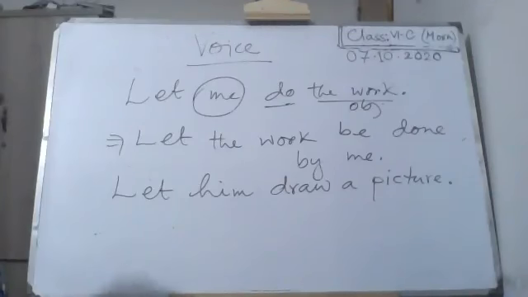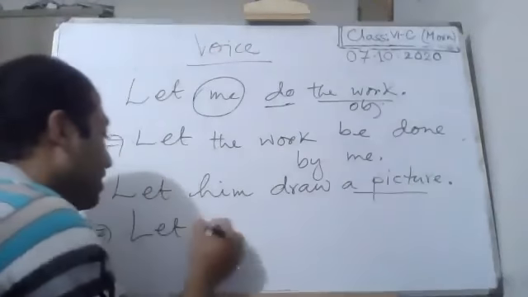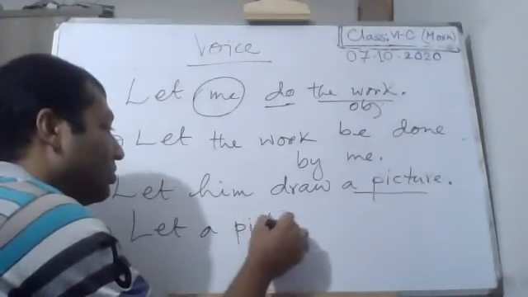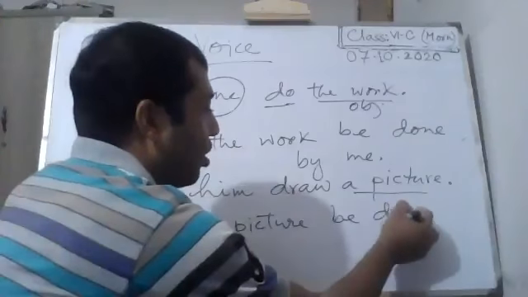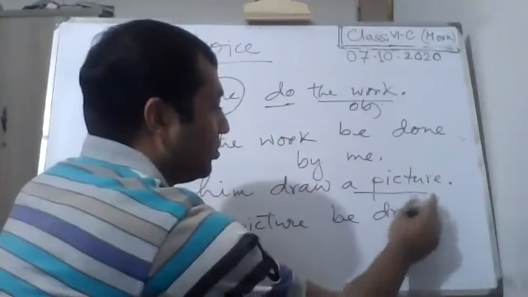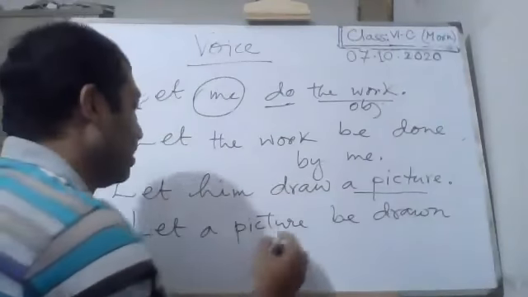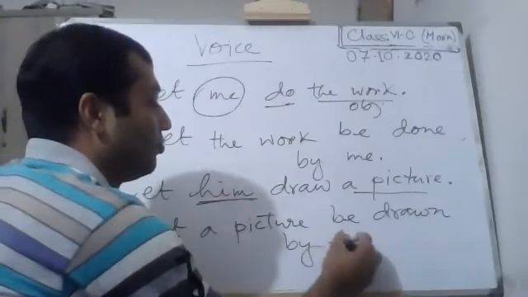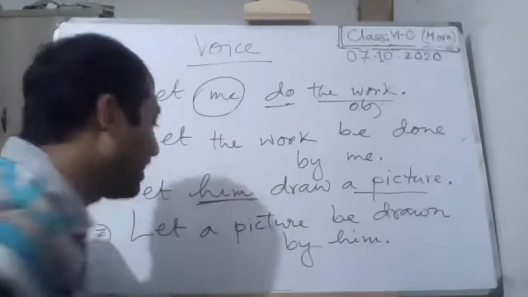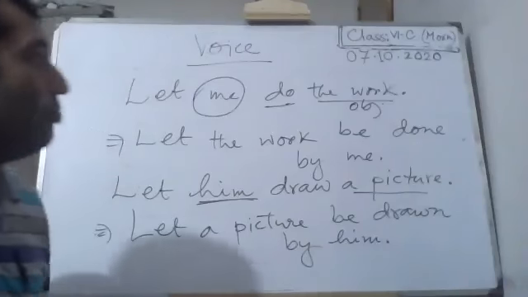Let a picture be drawn by him. Good. So let will be used here, then the object, let a picture, then be, then the past participle form of the verb, drawn. Let a picture be drawn, then by, then the object him. Let a picture be drawn by him.